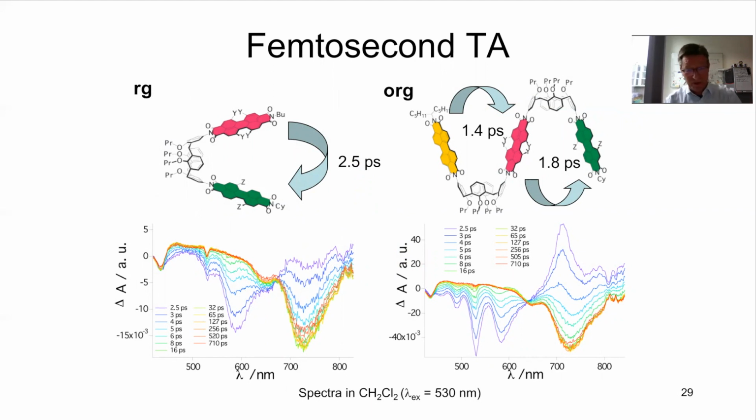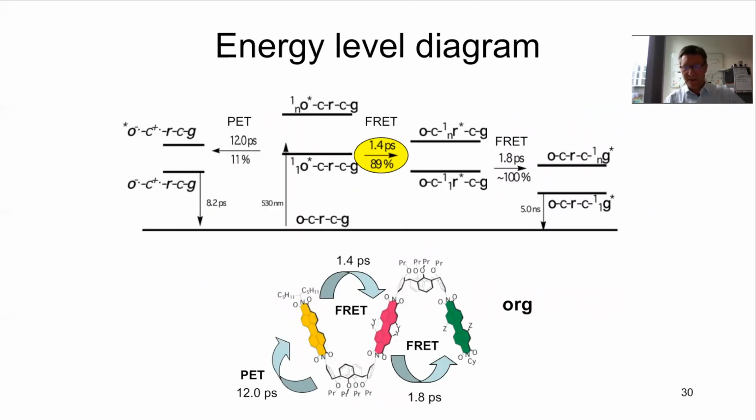I'm not going to talk about the spectra, but they're just fingerprints of the excited state of the molecules, and they were determined with transient absorption spectroscopy from Prof. This is displaying the various processes, 1.4 picosecond as the first FRET step, and 1.8 picosecond as the second Förster Resonance Energy Transfer step. So these are experimentally determined rates.